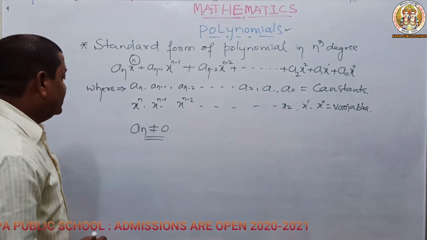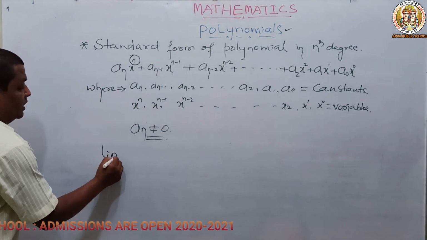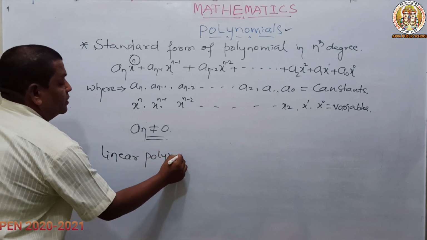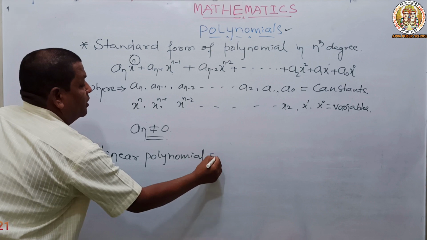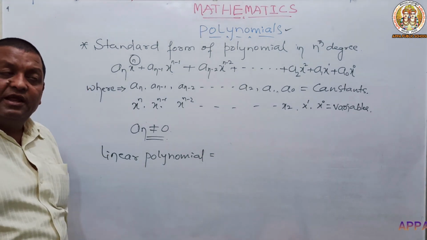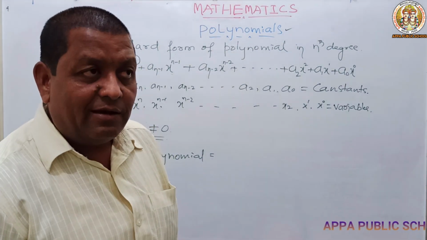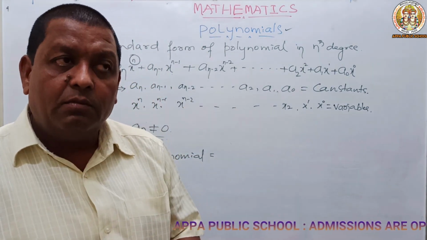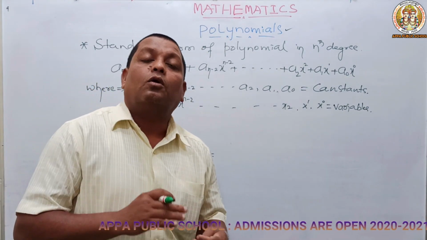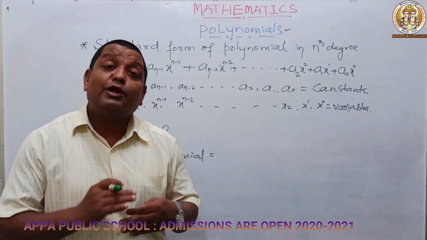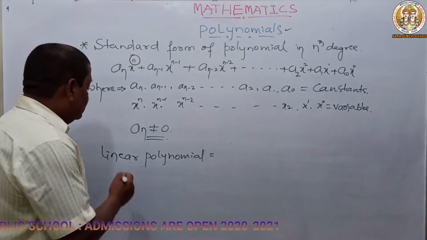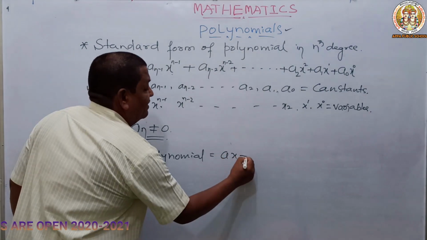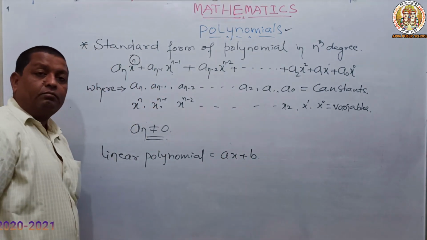Now I am going to explain the linear polynomial. What is the standard form of a linear polynomial? When we know the standard form of the nth degree, we can write the standard form of the linear, quadratic and cubic polynomials. So the standard form of the linear polynomial is ax plus b.